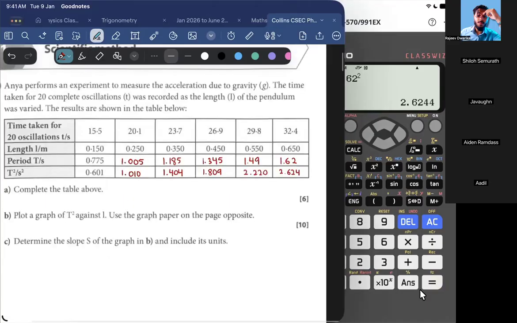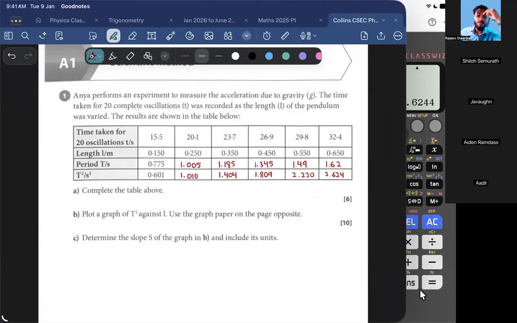Alright, has anybody confused? Like scratching their head? I'm scratching my head right now, but I don't mean I'm confused, but anybody else scratching their head? No, sir. So that's an easy 6 marks, or what do you think? Yes, sir. Yeah, I think that's a real easy 6 marks. You gotta get those 6 marks. Now they want you to plot a graph of T squared against L. So tell me, Adil, which one goes on the y-axis?